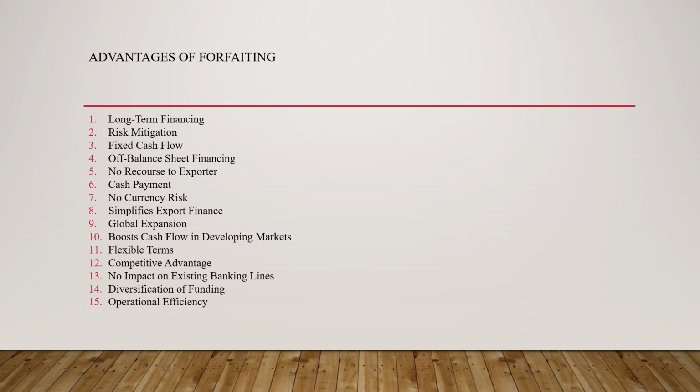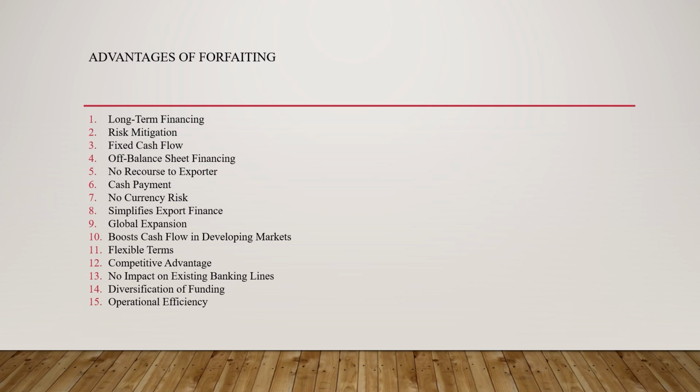Forfeiting provides businesses with a fixed and predictable cash flow. Once the forfeiting agreement is established, the exporter receives a fixed amount at a predetermined future date, allowing for better financial planning. Further, forfeiting allows exporters to remove the receivables from their balance sheet, which can improve the financial ratios and creditworthiness of the exporters.